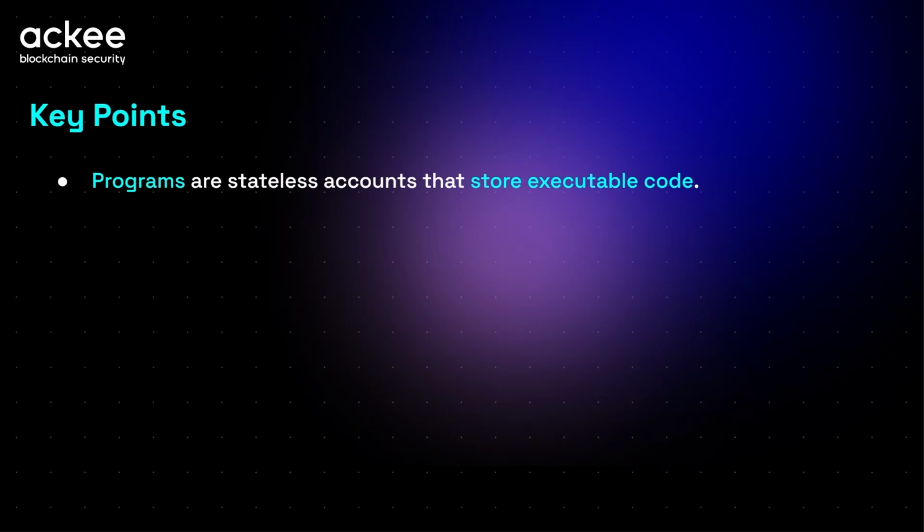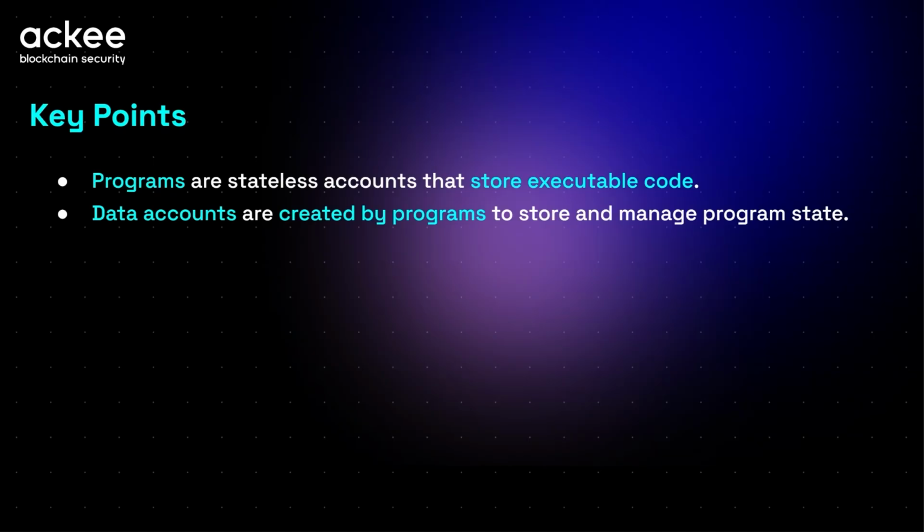If a program wants to store data or state somewhere, it needs to store it in the accounts, in particular in the data field of the account. You will see everything in the hands-on programming examples. Data accounts are created by programs to store and manage program state. So this is basically what I said just now.